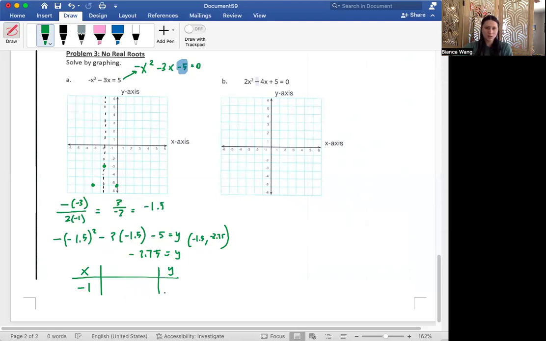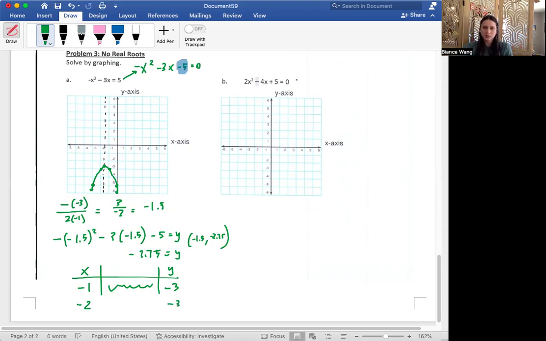And that gives me -3. And rewrite your equation, everything here. -3. So that's -1, -3. That's right here. And that means my other point is going to be mirrored directly across. And you could plug in -2 and see where that would end up. And it should also be at -3 if you plug it in.